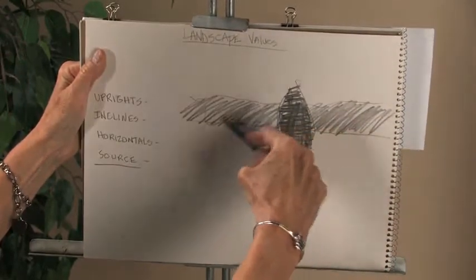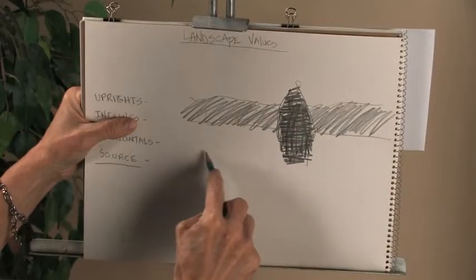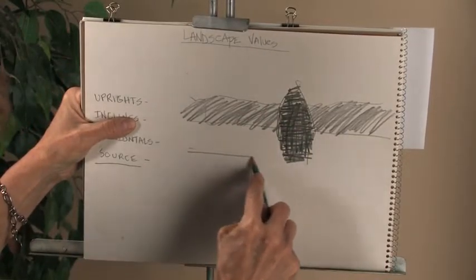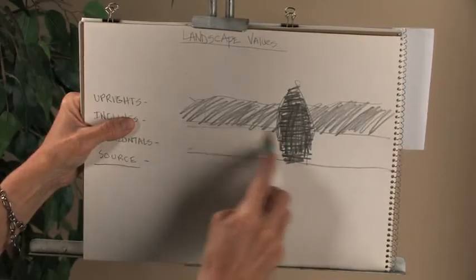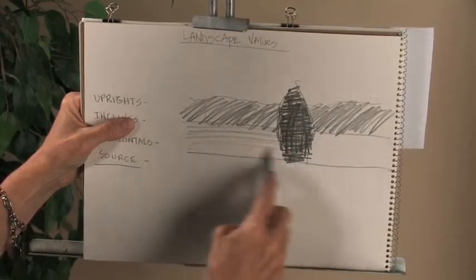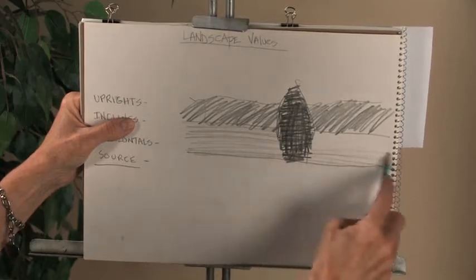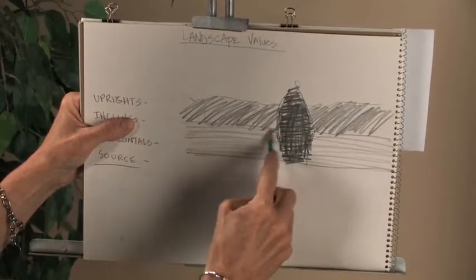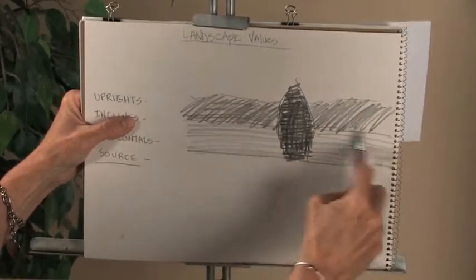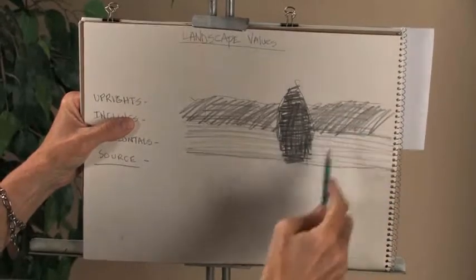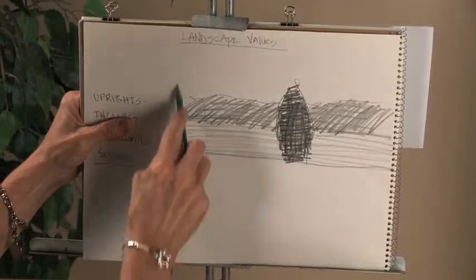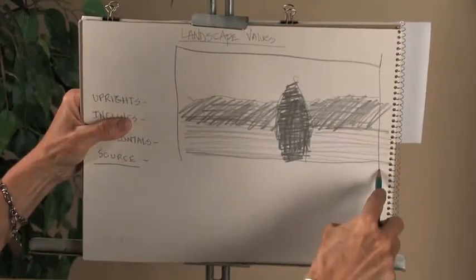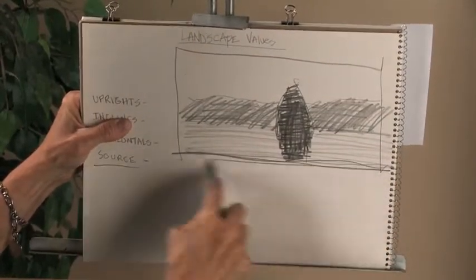Now we kind of switch to the lighter forms in the landscape, and that would be the ground, okay? Now the next thing we're going to leave is the white of the paper, and that is the sky itself.